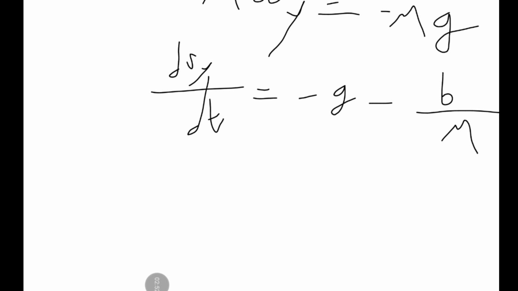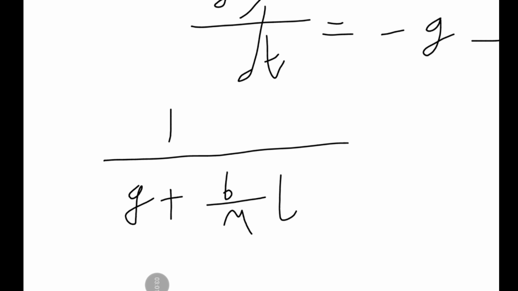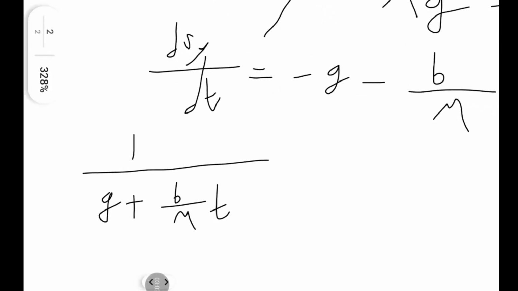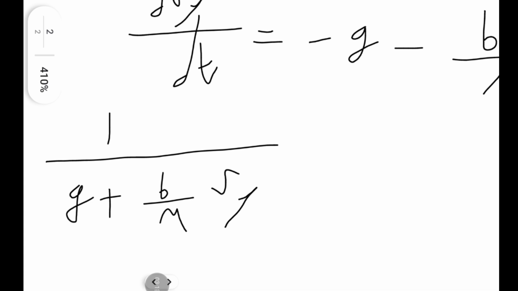So we're going to get into this format, I'll show you, 1 over g plus b over m times the vertical velocity component.